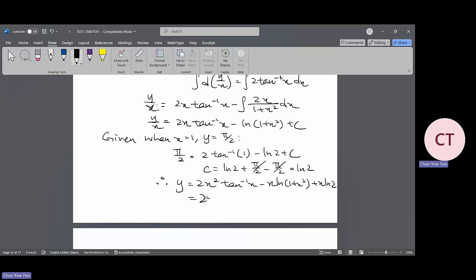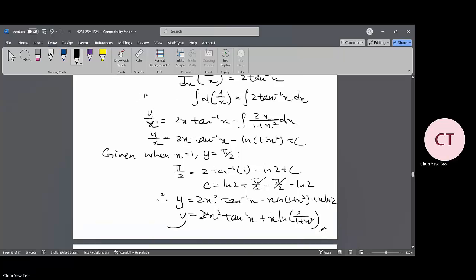Or we can simplify further by combining the ln together: you will get plus x ln of 2 over 1 plus x squared. That will be the answer for question number 6.